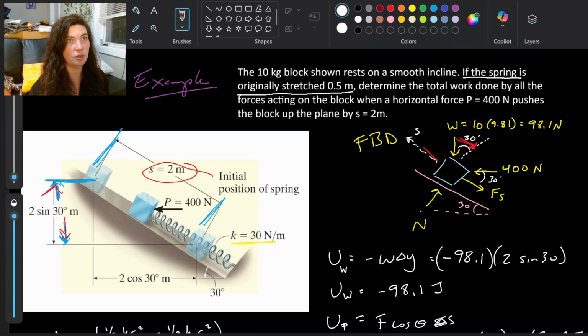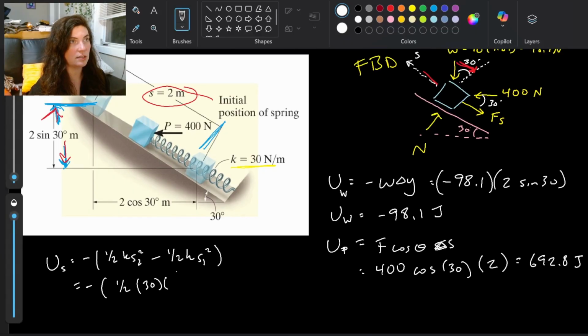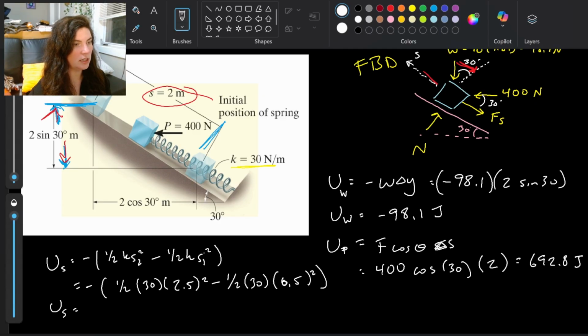We can't just put in 2. Going to be 2.5 squared minus 1/2 times k, again, is 30. And then S1, as we just said, that original S position for the spring was 0.5, 0.5 squared. And when we plug that into a calculator, we get that the work from our spring is negative 90 joules.